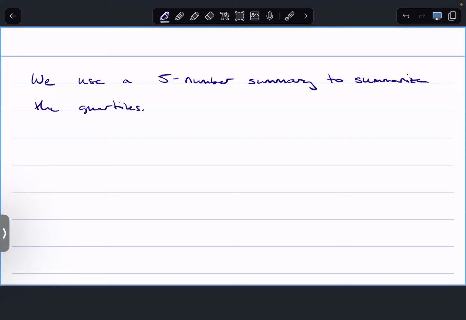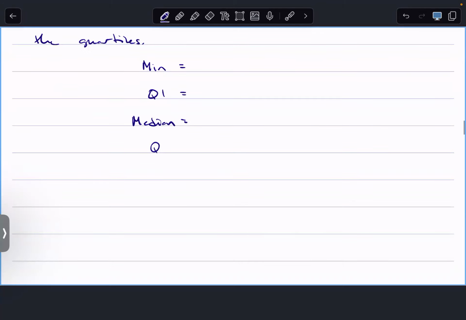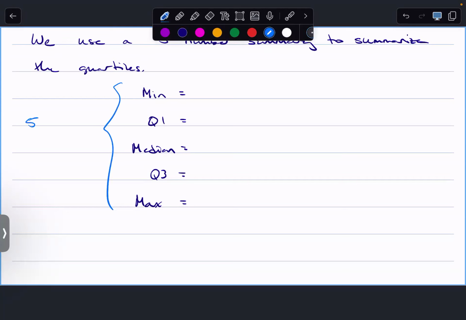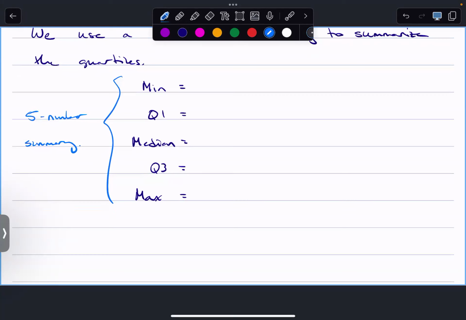So the 5-number summary is going to look like this. You list your minimum, you list your Q1, you list your median, you list your Q3, and then you list your maximum. This is the 5-number summary. From way back in the day we were supposed to use this 5-number summary to help us understand the distribution better.